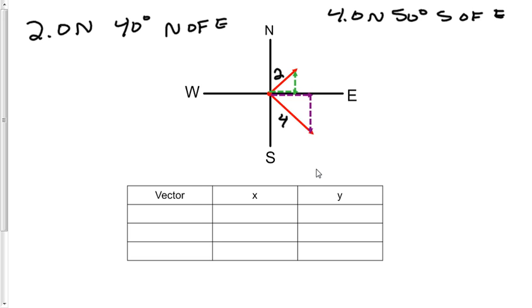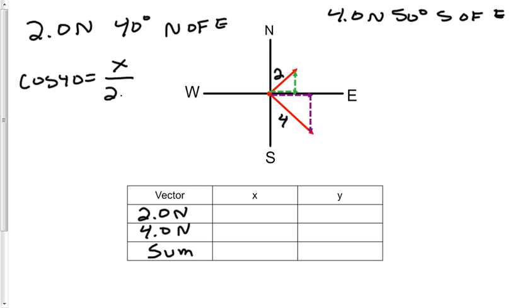Let's use our sines and cosines to get the x's and y's and fill in our xy table below. We'll record 2.0 newtons here and 4.0 newtons here, and we will be taking the sum of our x's and y's. Let's start with our 2 newton vector. The cosine of 40 is equal to x over 2.0.